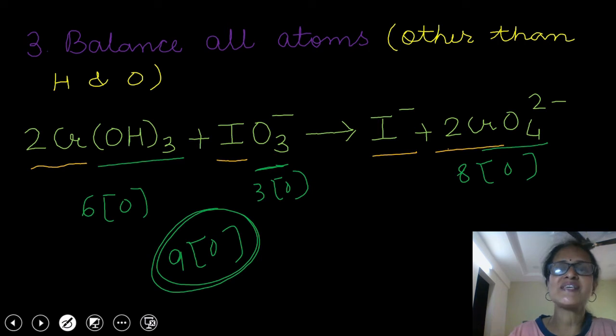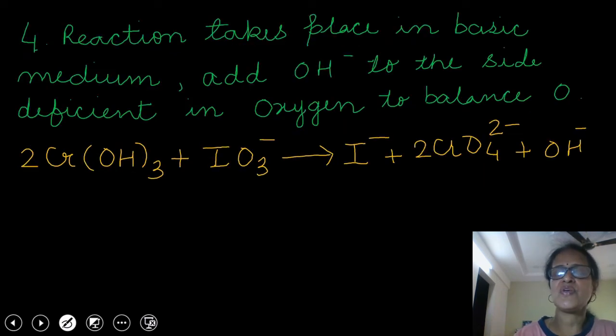So in the product side we will add 1 OH-. You can see here we have added 1 OH- in the product side. Now oxygen is also balanced. For balancing hydrogen atom, we have to add 1 water molecule for each hydrogen atom to the side which is deficient in hydrogen.